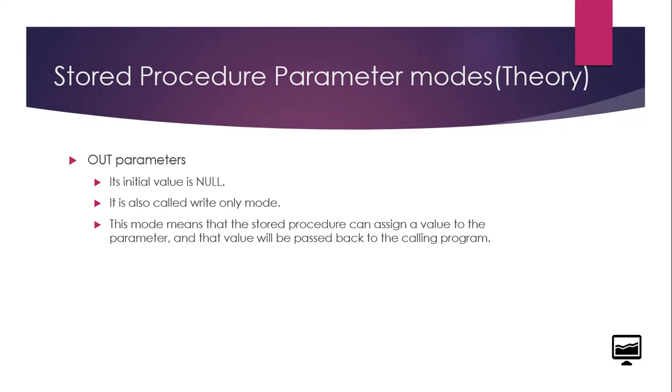Its initial value is null. It is also called write-only mode, whereas IN parameter is read-only mode. This mode means that the stored procedure can assign a value to the parameter, and that value will be passed back to the calling program. Whenever after calling the stored procedure you want any value, then you have to specify the parameter OUT.